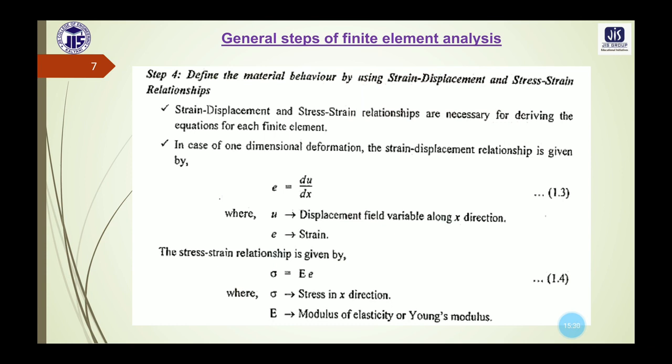In case of one-dimensional deformation, the strain-displacement relationship is represented as e = du/dx, where e is the strain and u is the displacement field variable along the x direction.